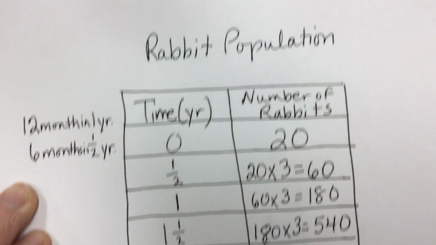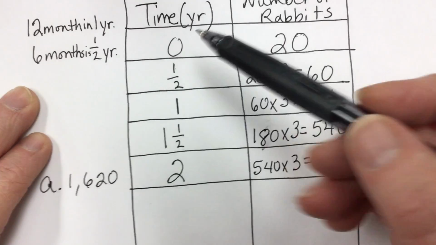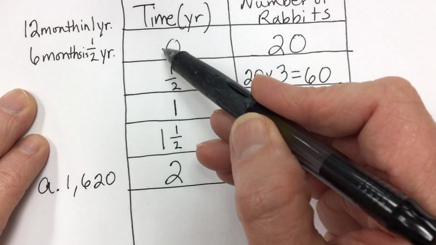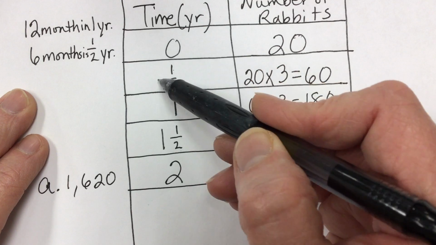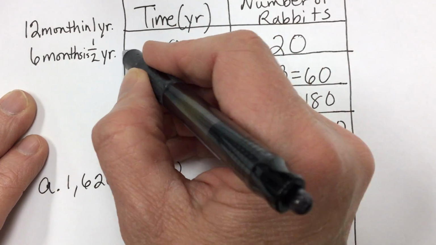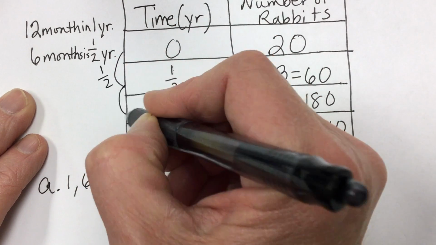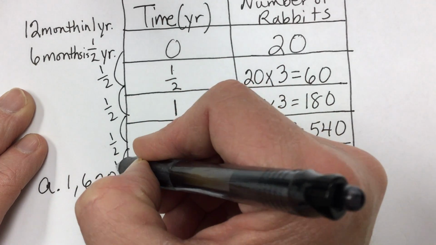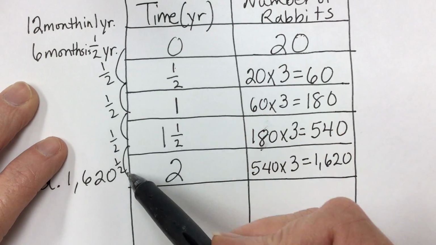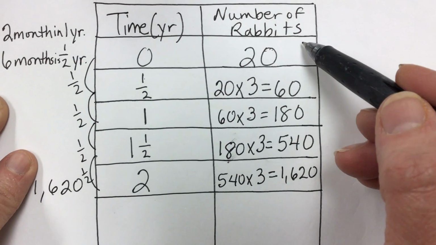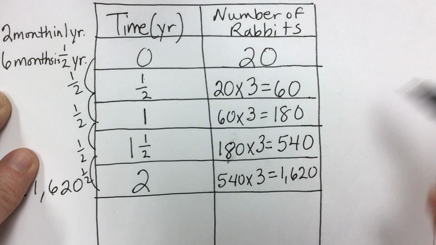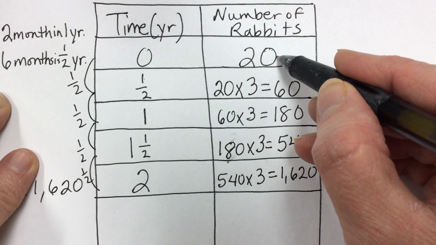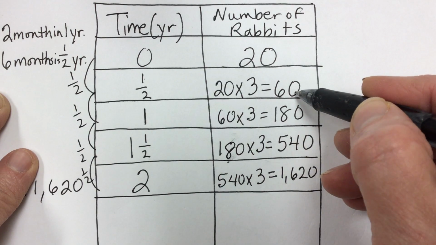Well, let's look. On this side, notice I'm adding a half each time. I'm adding a half every time. So my input side is constant. But let's look at my output side. 20 is being increased to 40.